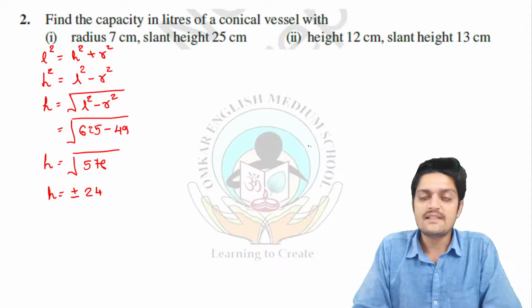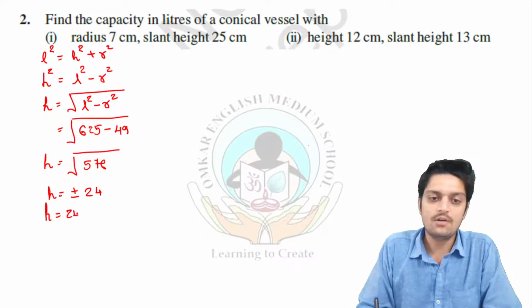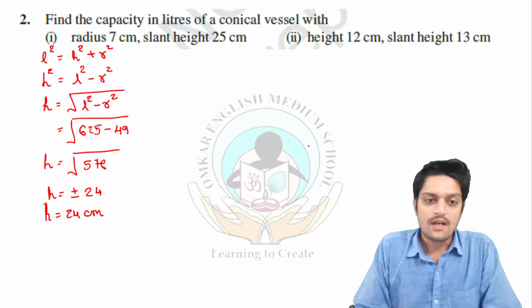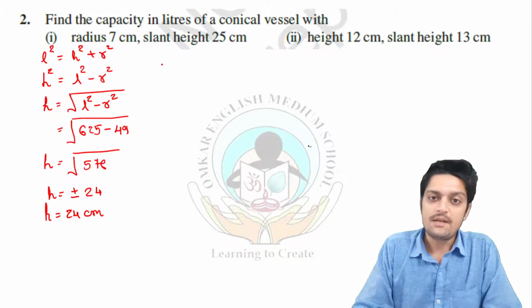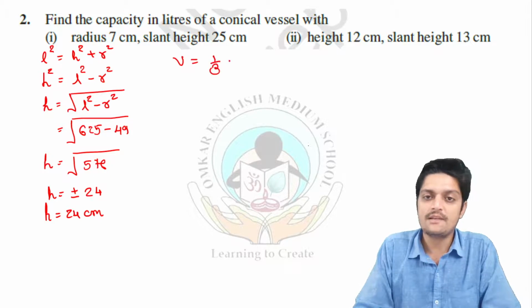Then h is equal to plus or minus 24, but you have to write that height cannot be in negative terms. So height is equal to 24 centimeter. Now our formula, because here we have to find the volume first: volume is equal to 1 by 3 pi r square h.